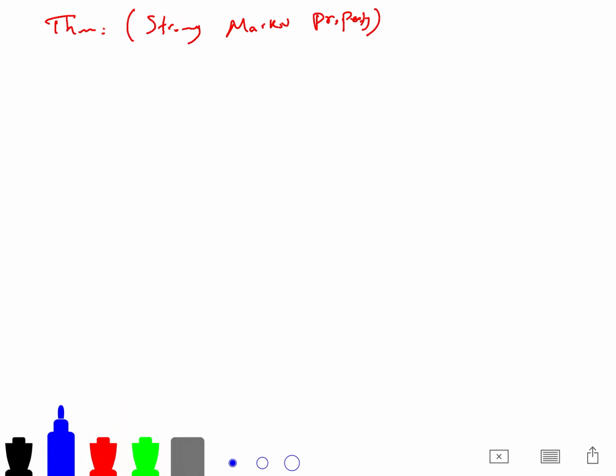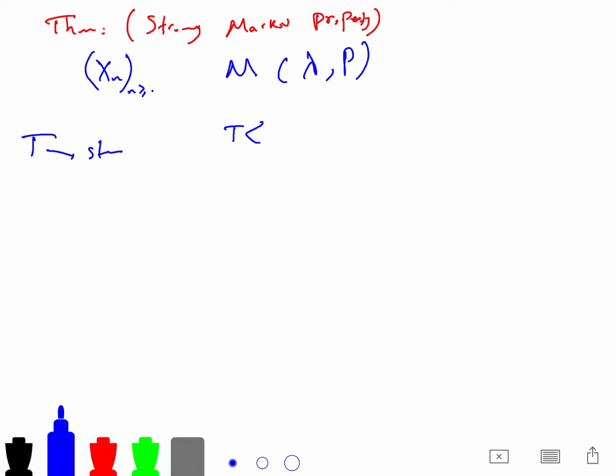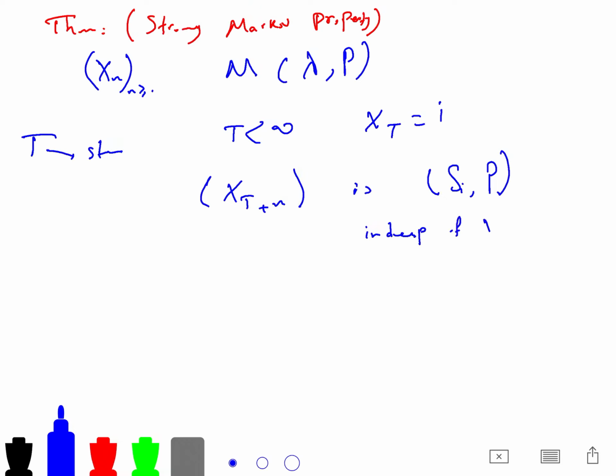It says that if Xn is a Markov chain with initial distribution lambda and transition matrix P, and T is a stopping time, then conditional on T less than infinity and XT equal to i, X(T+n) is Markov and independent of x0 up to xT.